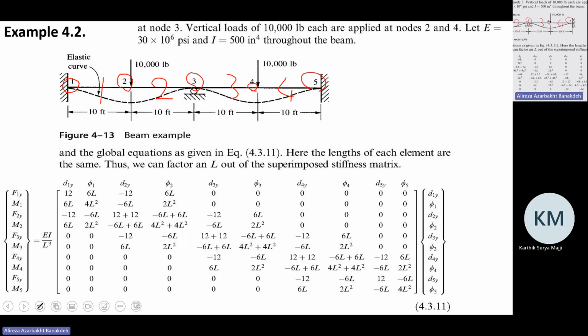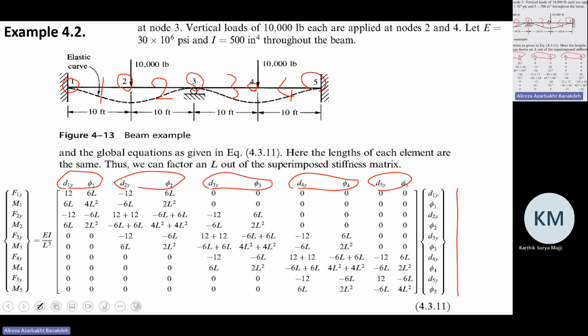So for the big structure, we start from node 1 to node 5. For each node, this is for node 1, D1Y, Phi1. This is for node 2, this is for node 3, this is for node 4, and this is for node 5. So again, you can just write your hints here as well.